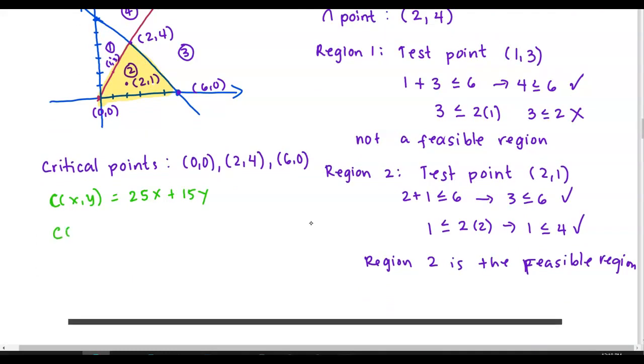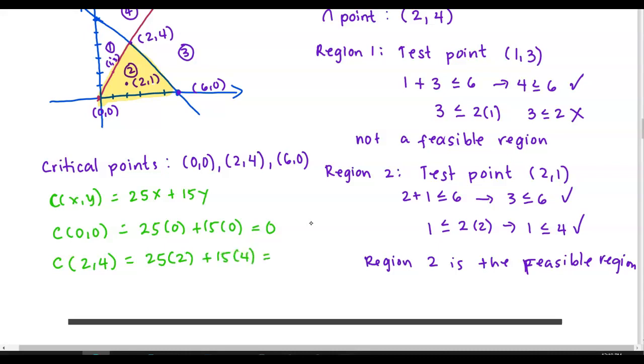So we have C at (0, 0). That is just 25 times 0 plus 15 times 0, which is equal to 0. And then next, C of (2, 4), we have 25 times 2 plus 15 times 4. 25 times 2 is 50. 15 times 4 is 60.